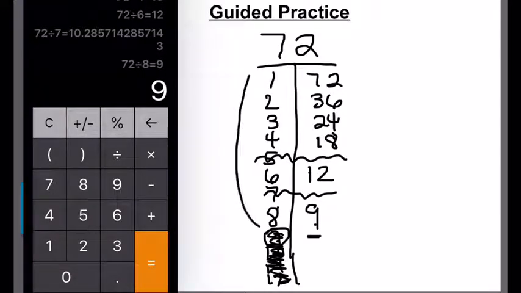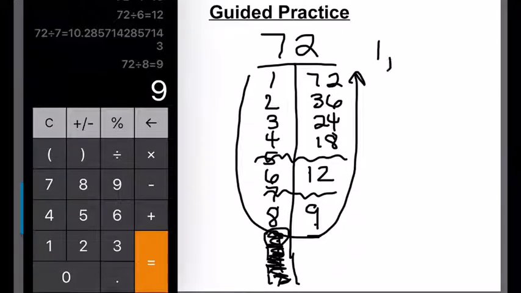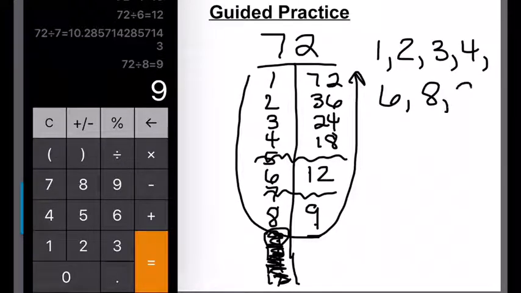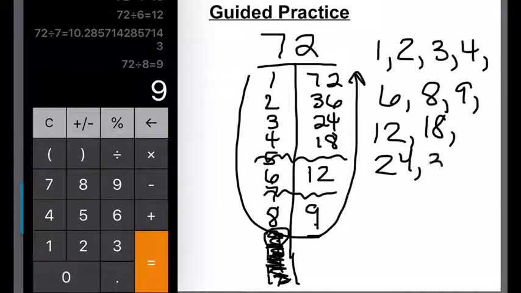So here we have an order, least to greatest, of all of our factors. The factors of 72 are 1, 2, 3, 4, 6, 8, 9, 12, 18, 24, 36, and 72.